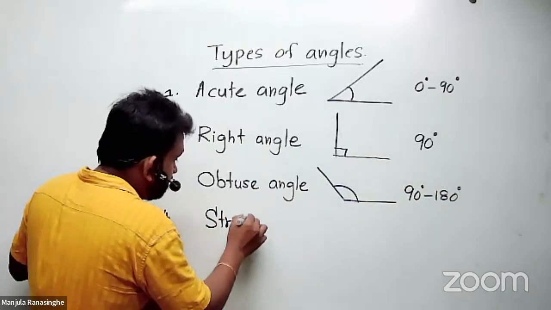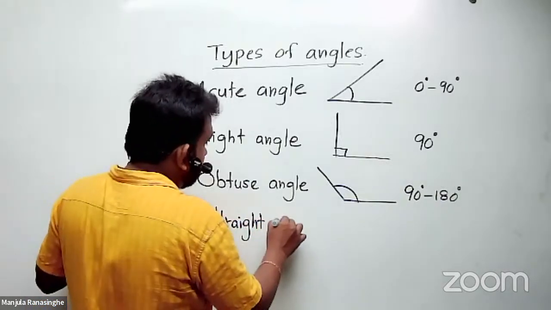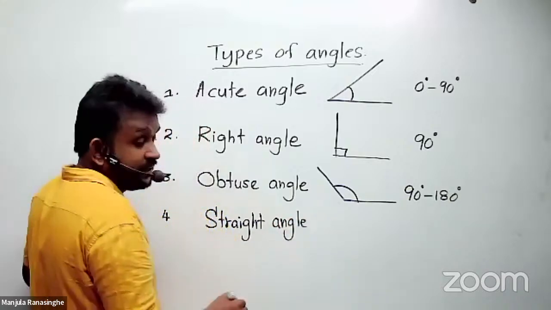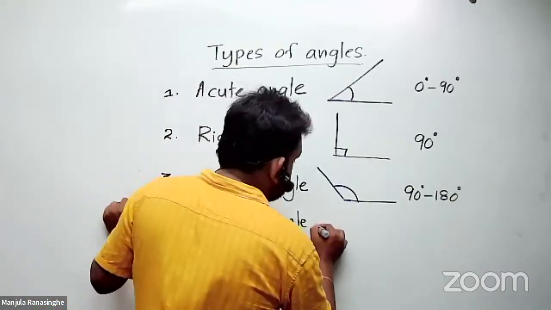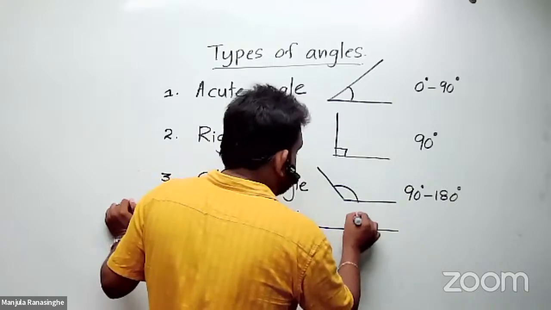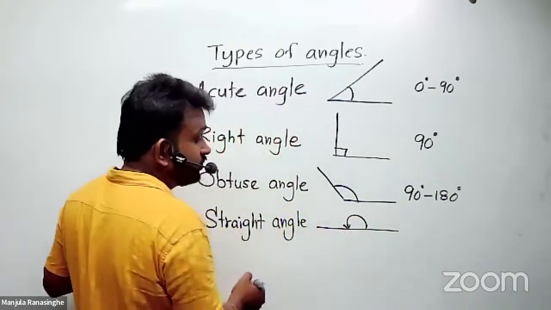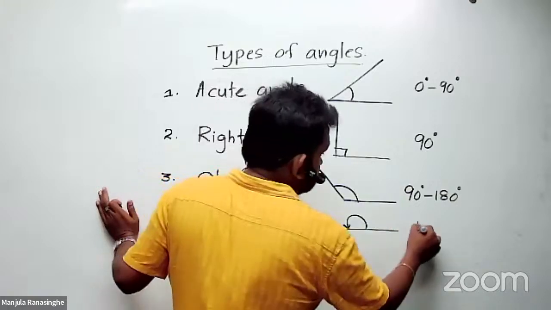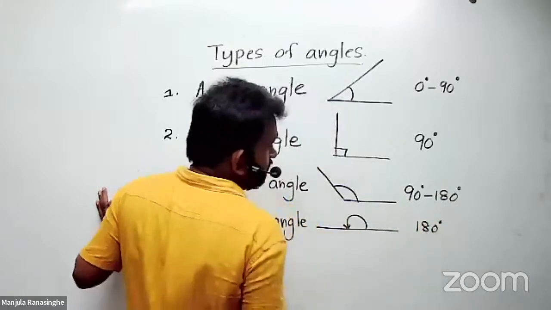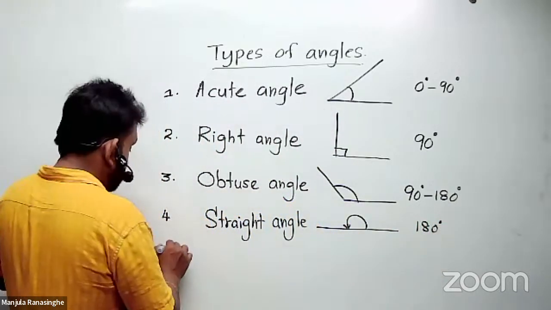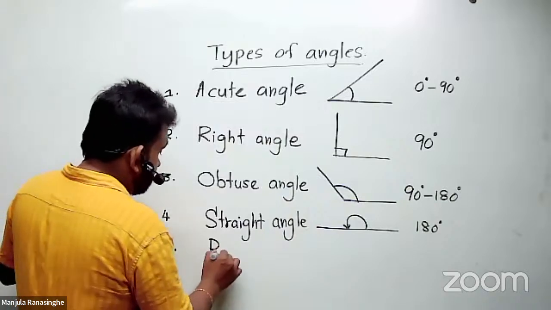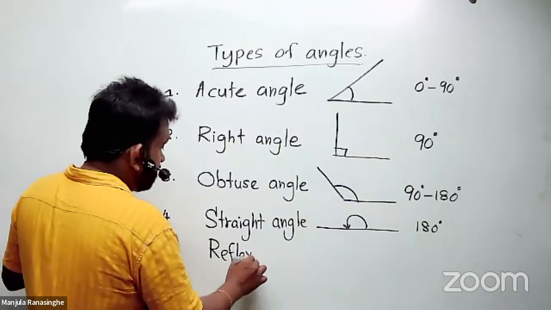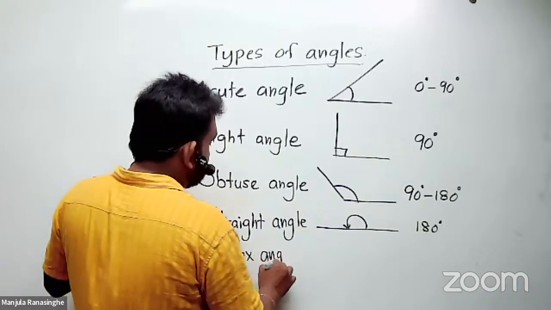Straight angle, right? I can draw this angle in this way. That is exactly 180, like a straight line. The last one is number 5, the reflex angle.